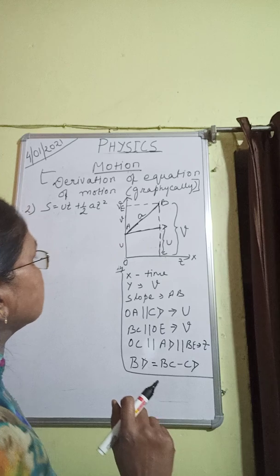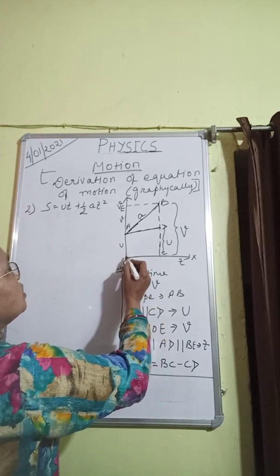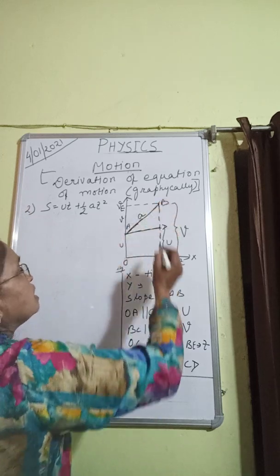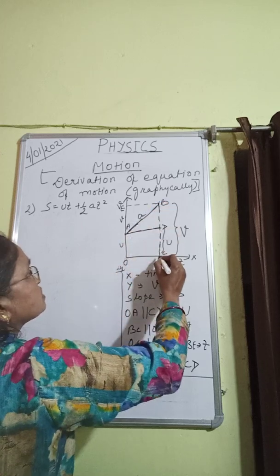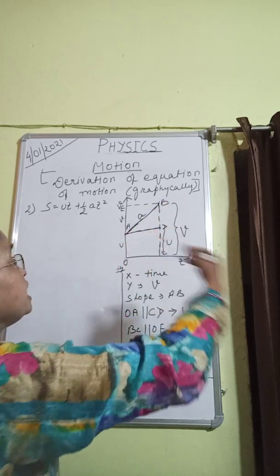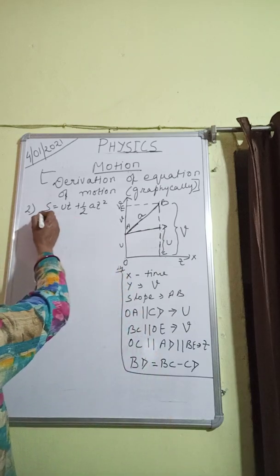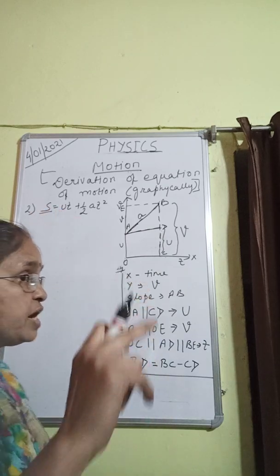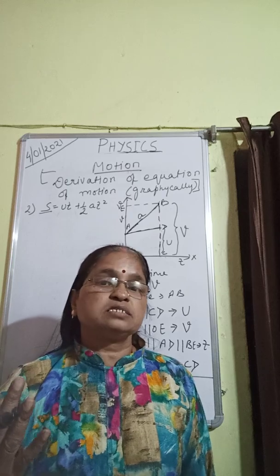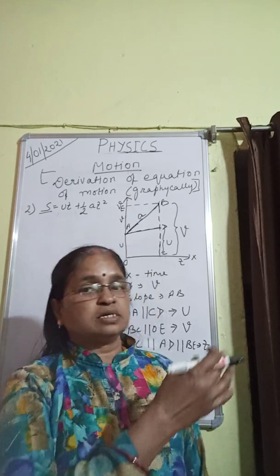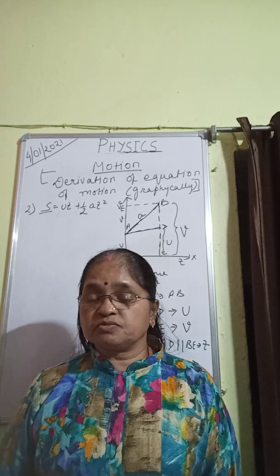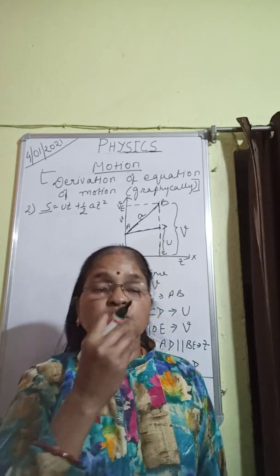So here the body starts from O, A, B and C. This full area the body is moving, because S is the distance. How do you find out the distance? If I say to you, enter my home and cover all the distance, then from where will you start, where will you end?